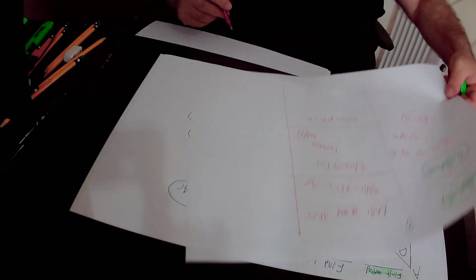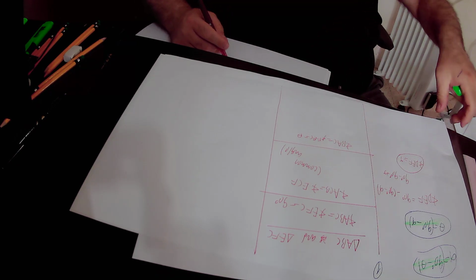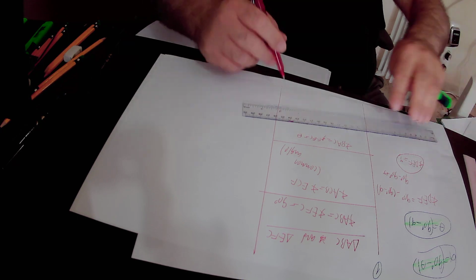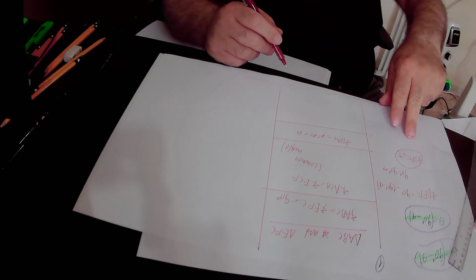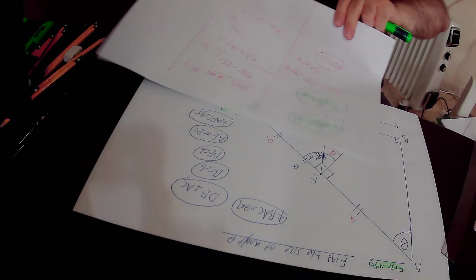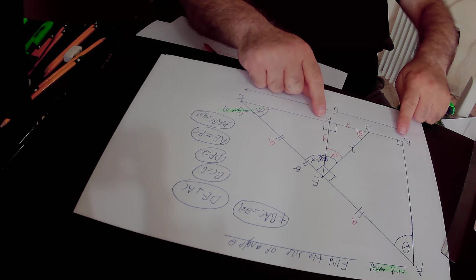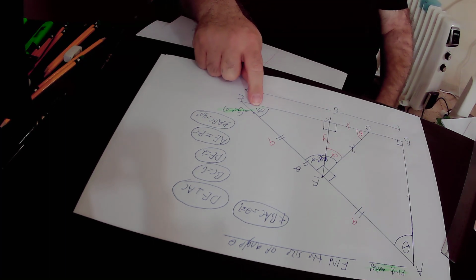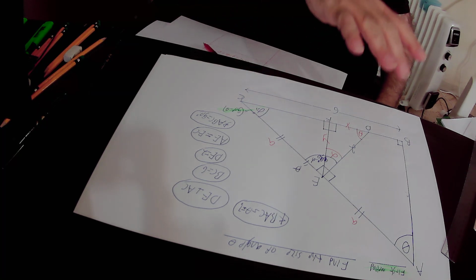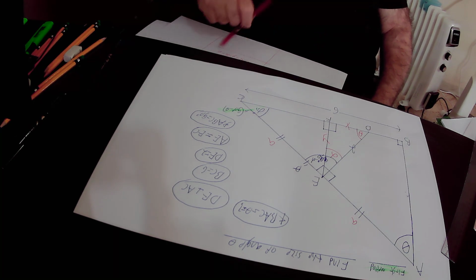So we proved that all three angles in triangle ABC are congruent to all three angles in triangle EFC. Both of those two angles are equal to theta, both of those two angles are equal to 90 degrees, and this is a common angle. Therefore, we proved that triangle ABC is similar to triangle EFC according to the angle similarity rule.